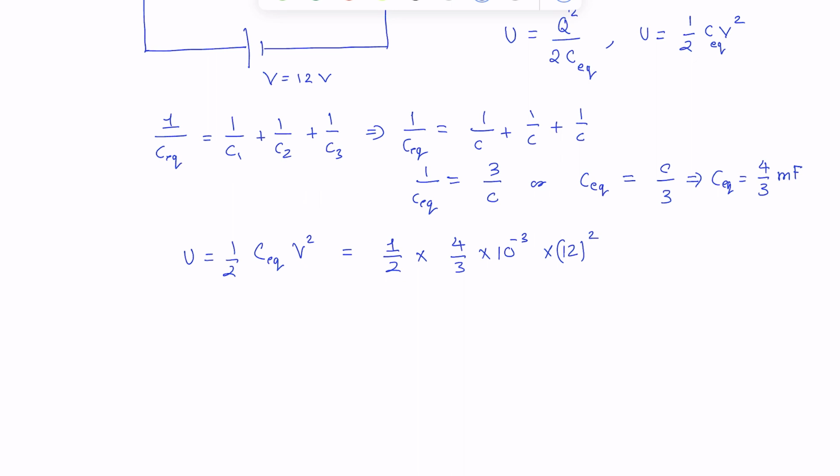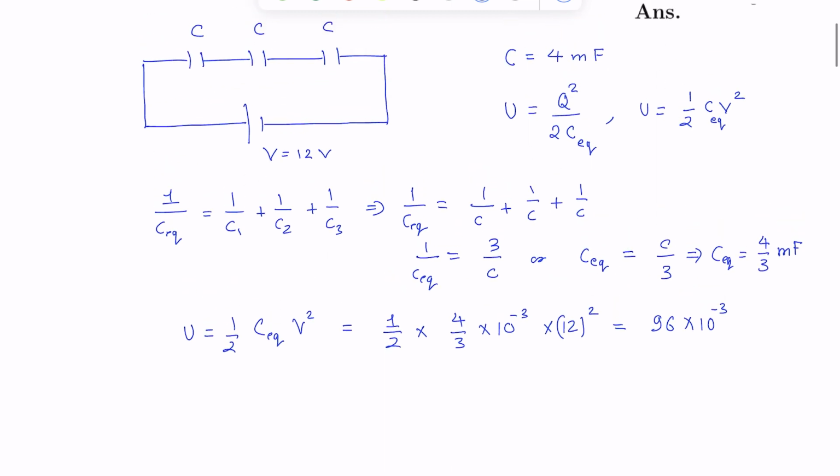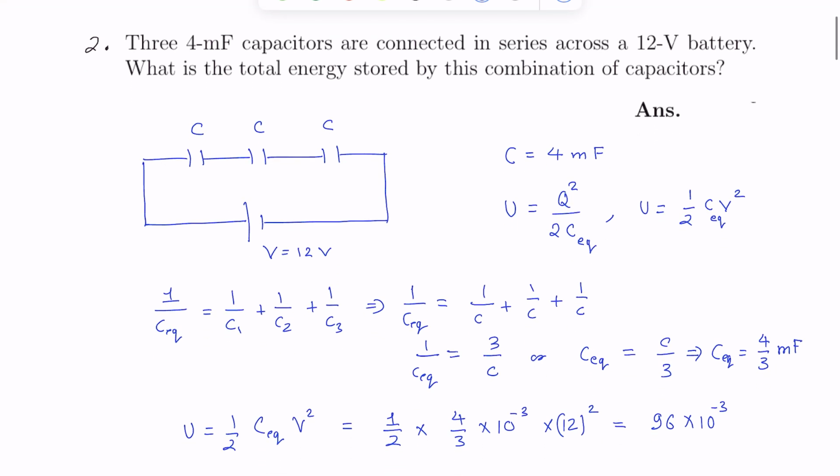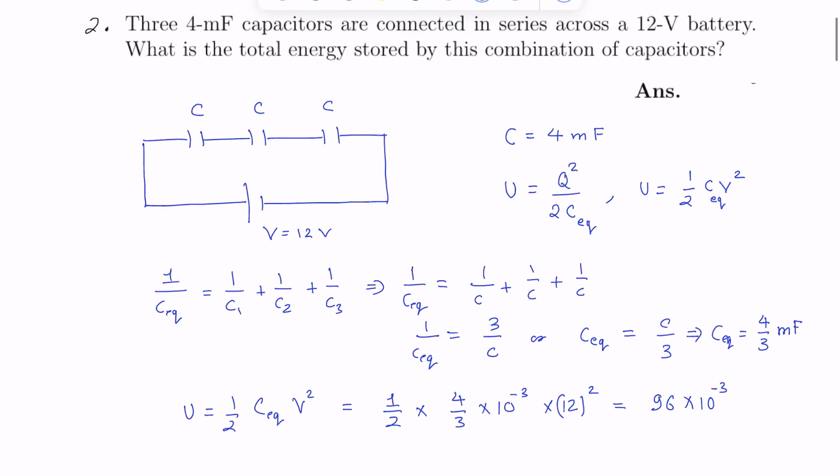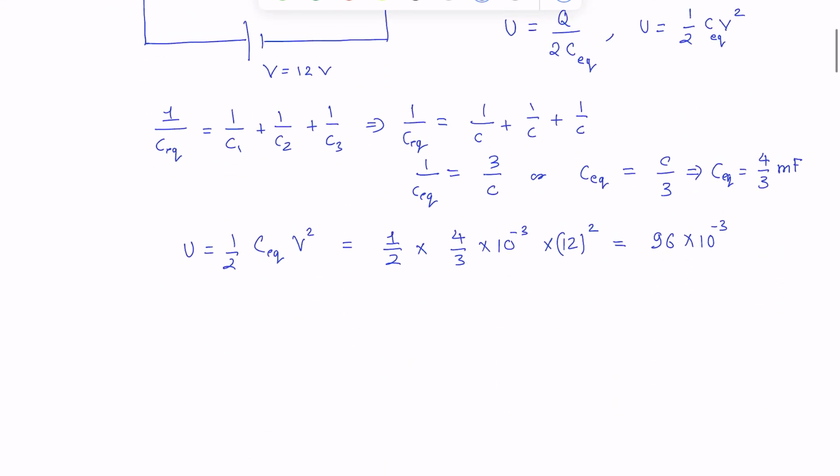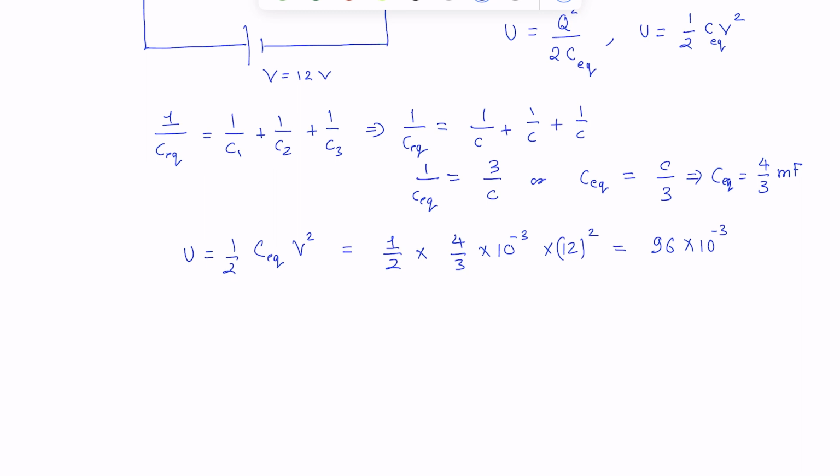And if you solve this, you should end up with 96 times 10 to the minus 3. Now the units will be joules, because we have used everything here in SI, and in the end we have also taken care of things like millifarads, where milli is 10 to the minus 3. So we can write this down. We'll check our answer.